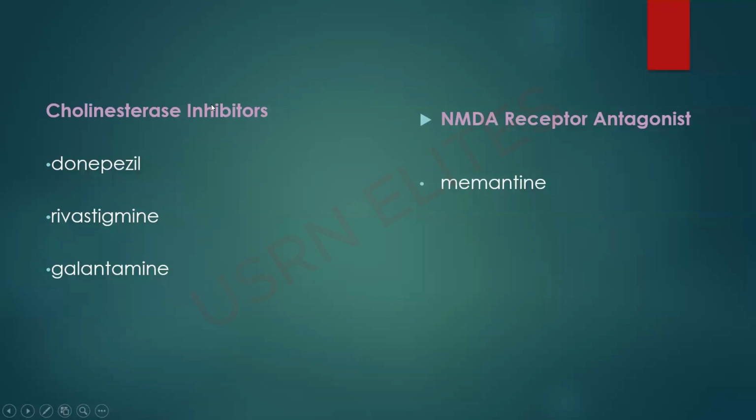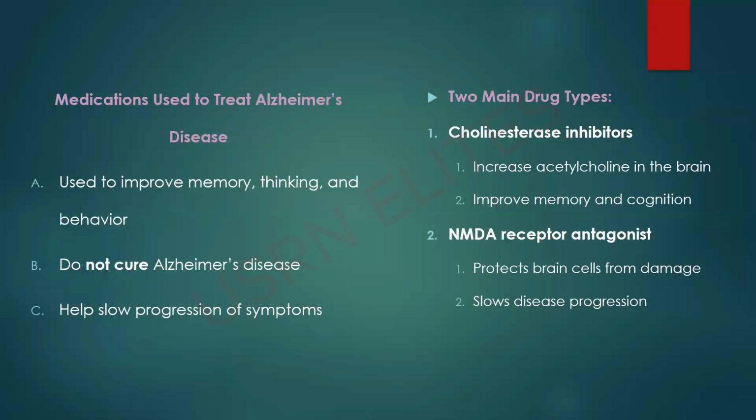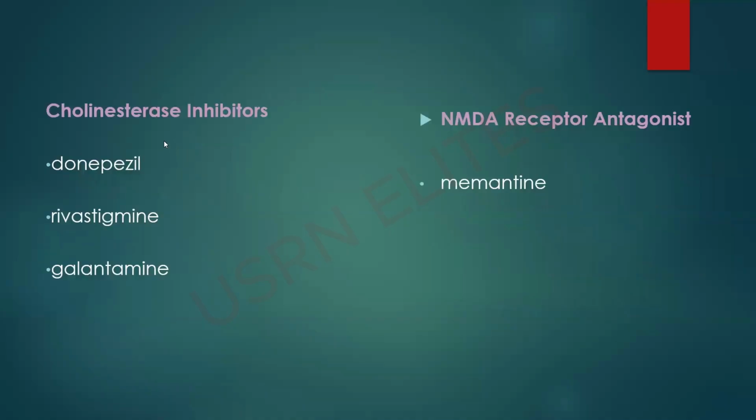We have cholinesterase inhibitors, which we have on the previous slide: rivastigmine, donepezil, and galantamine. And the other one is memantine.